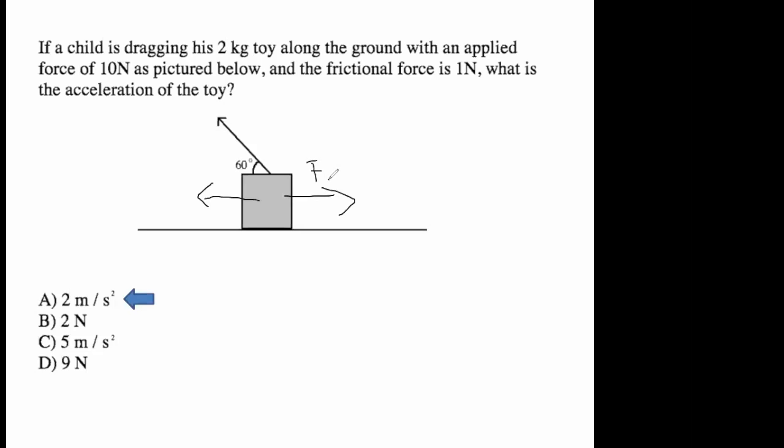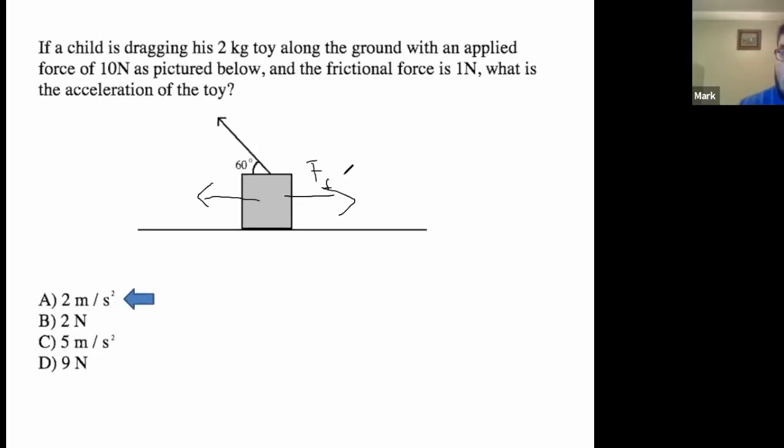This is equal to the force of friction, which is 1 newton. And this is this component, the axis we're working on. This is the x component of this force.